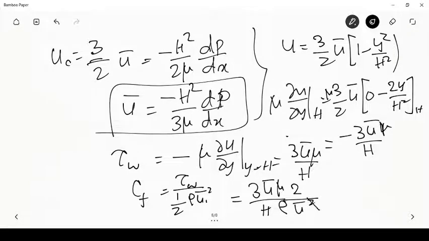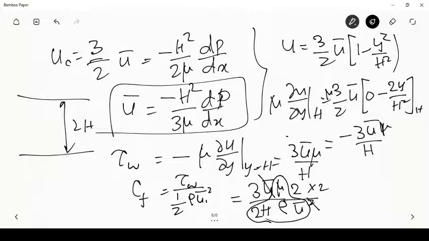So the square will go with this 1 u, and this rho u bar h by mu is in some form a Reynolds number. Now if I want to write the Reynolds number for a duct like this, the characteristic length should be 2h, and so if I multiply and divide by 2, I get this expression. So this itself is 1 by Re 2h.